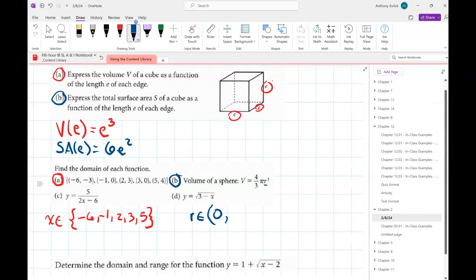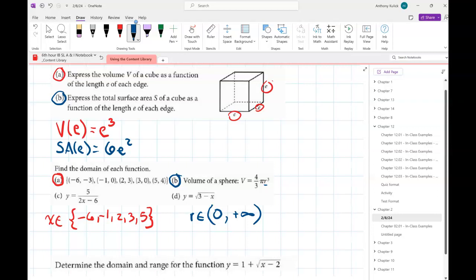So we're not going to list that as a set. We're going to list it using interval notation. The lower bound on my interval is 0, and the upper bound should be positive infinity, right? When we write these intervals, remember that the bracket versus the parenthesis mean 2 different things. Bracket means that number is included in the set.